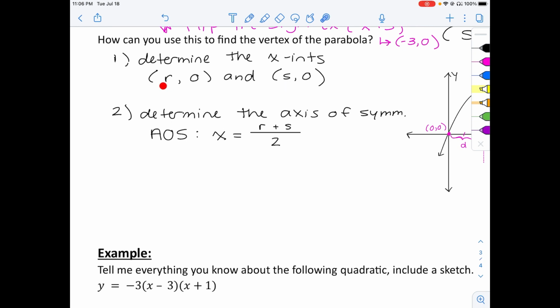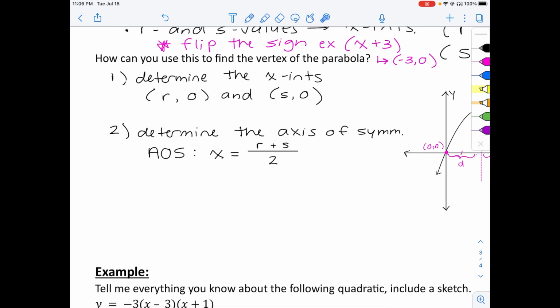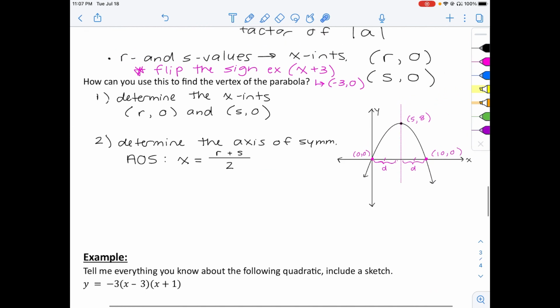You don't flip it again. Like I said here, if we had x plus 3 and we determined that one of the x-intercepts is -3, then you're putting -3 into here. You're adding the x-intercepts together and dividing by 2, and that gives you an x equals equation, which represents a vertical line, which is what the axis of symmetry is.